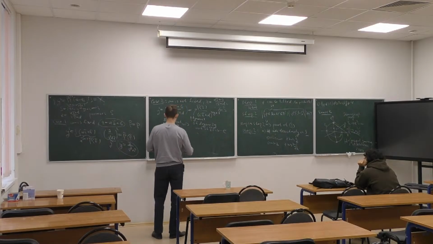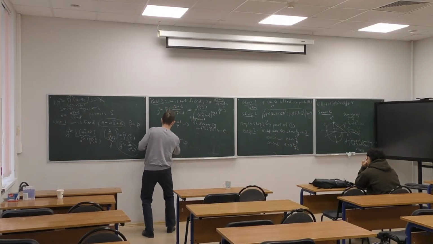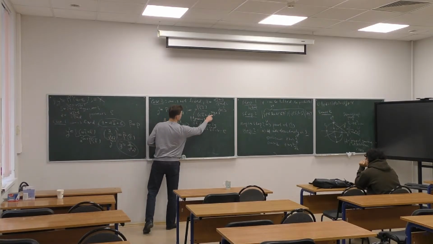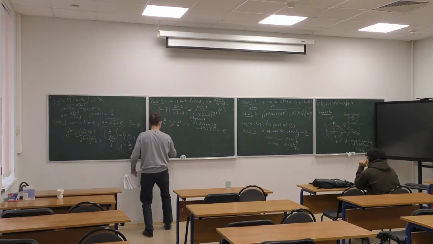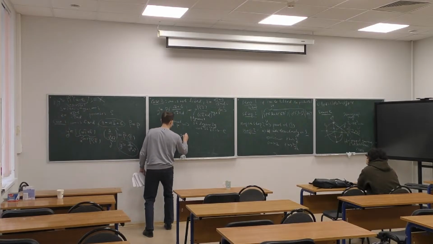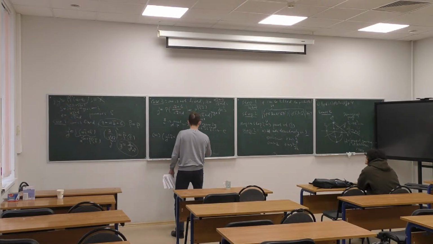I want to multiply both sides by (c z tilde plus d) to the power 2g plus 2. So I get y times (c z tilde plus d) to the power g plus 1, squared, is equal to (c z tilde plus d).